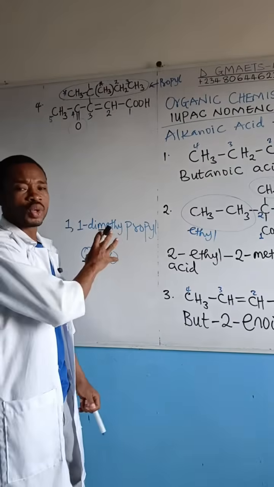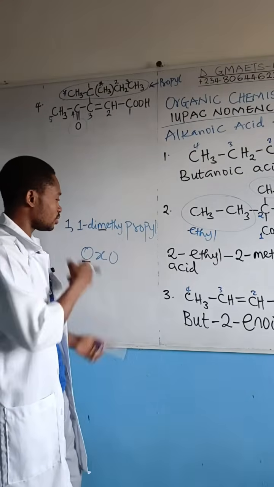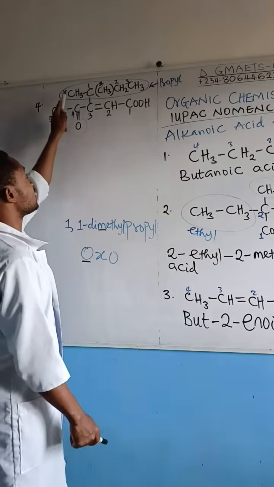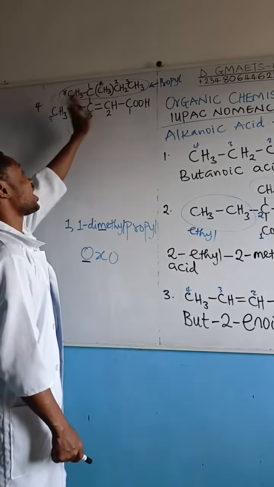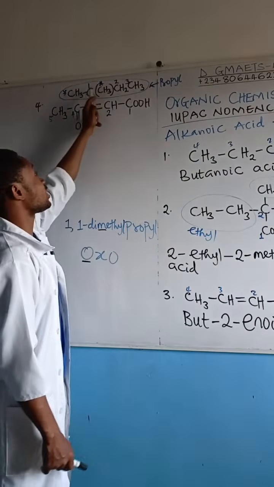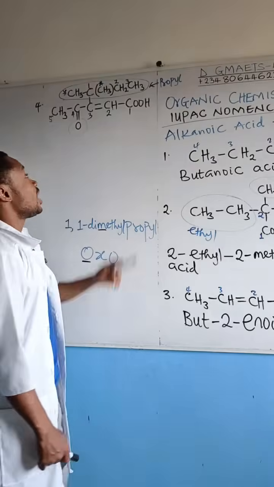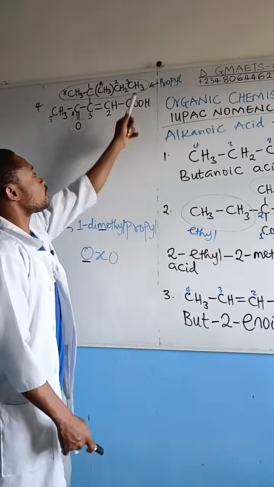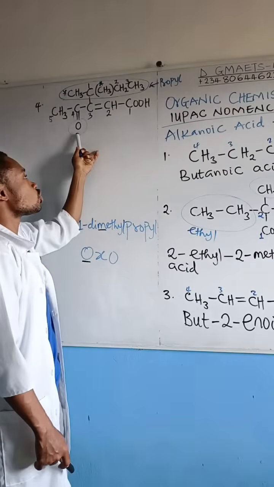But having shown you what to do here, let me ask you this question. Suppose the methyl attachments are not there. That is just purely propyl. These 2 methyl attachments on carbon number 1 are not there. Propyl as an attachment and oxo as an attachment.